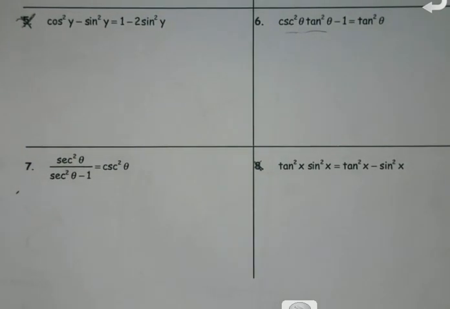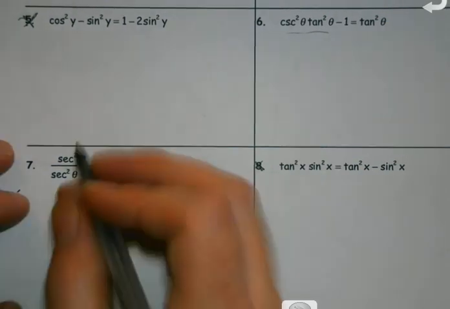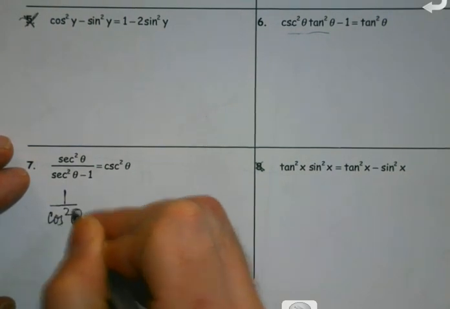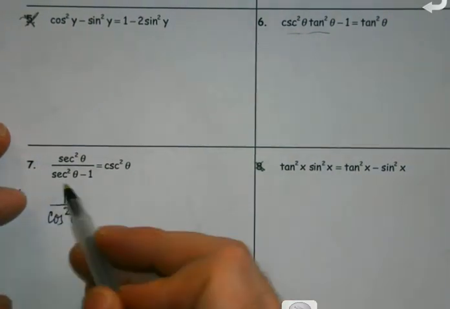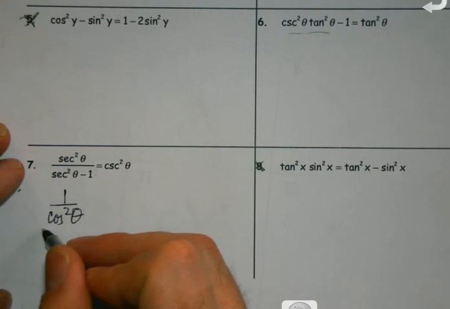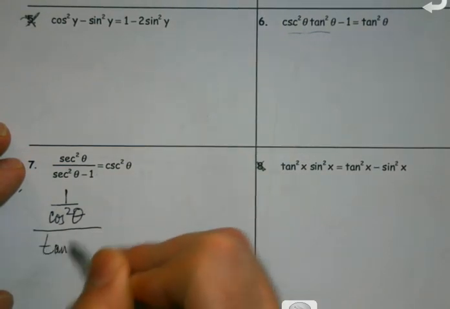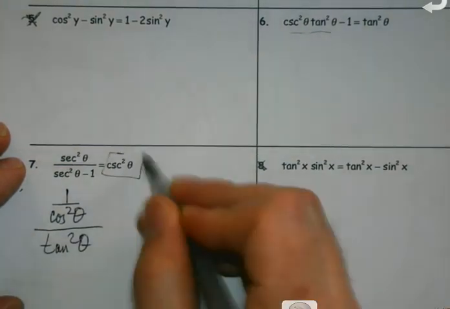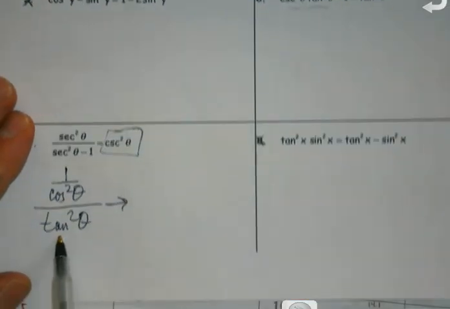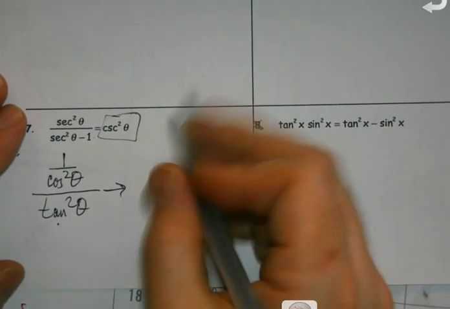All right, secant squared. What's secant squared equal if I just want to keep it in a fractional form like this here? Okay, so I've got 1 over cosine squared. Now what's secant squared minus 1 again? Tangent squared. You're like, okay, that's not helping me yet. It will. Turn that into sine over cosine. Now that I've got this into tangent squared, I want this turned into sine and cosine stuff.